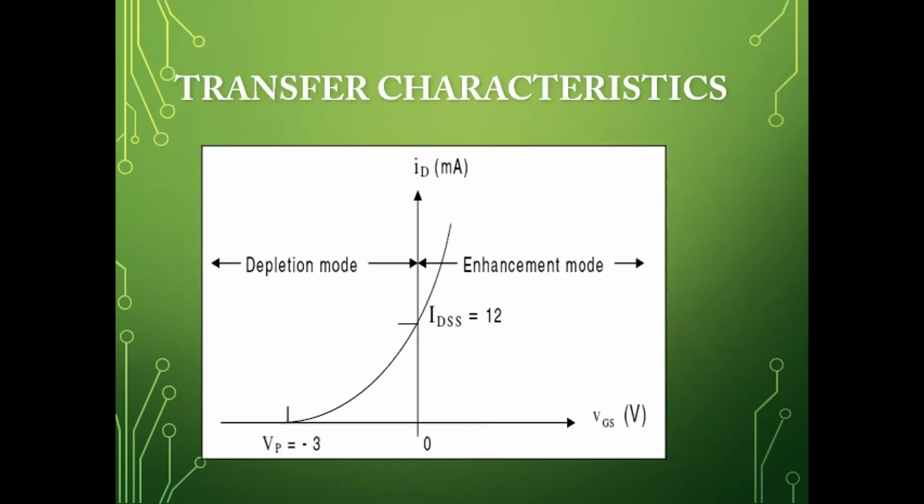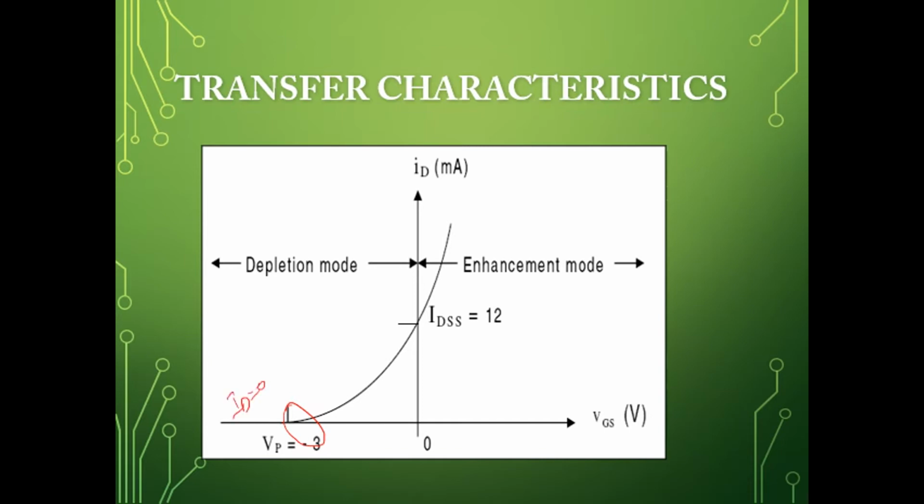So next let us look into the transfer characteristics. So transfer characteristics, if you observe here, the VGS is positive, the drain current increases. If it is 0 also, you have a high drain current. If VGS is made negative, the drain current slowly reduces, and once it goes below the pinch off voltage, the drain current becomes 0.